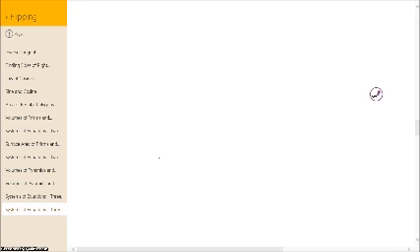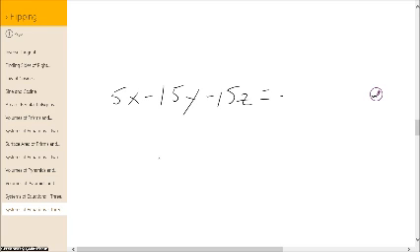I'm similarly going to take C and multiply it by negative 5. And this time I get 5x minus 15y minus 15z equals negative 145. This is just C times negative 5.